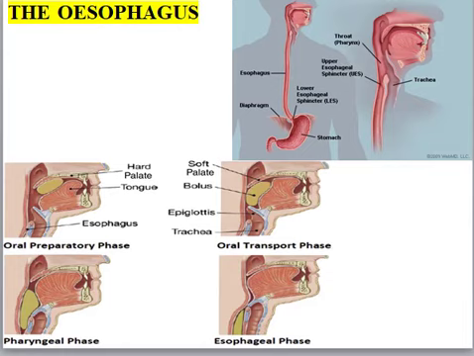The transit speed in the esophagus is about 3 to 5 centimeters per second, and as we said, it is about 25 centimeters long. So the food takes about 7 to 11 seconds to reach the stomach, to start entering the other part of the alimentary tract.